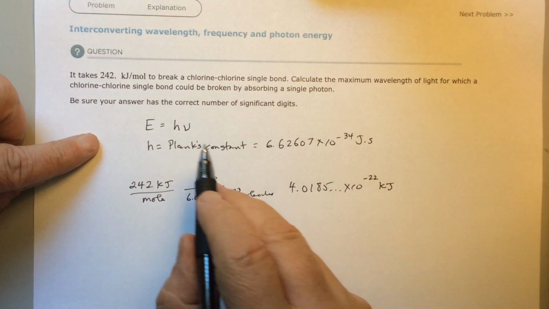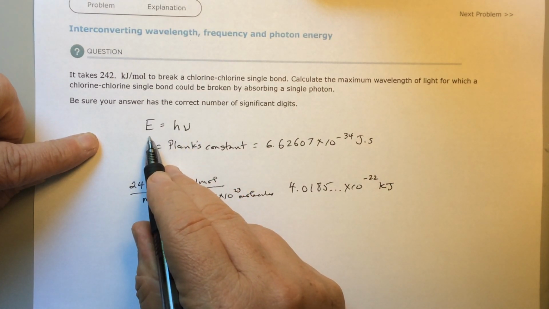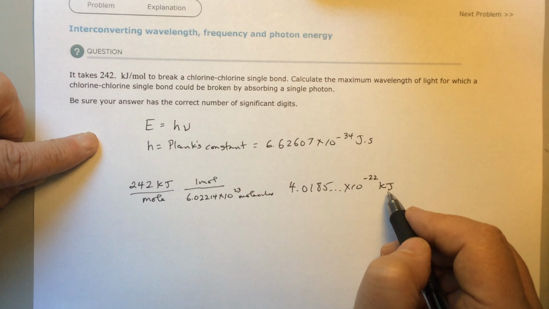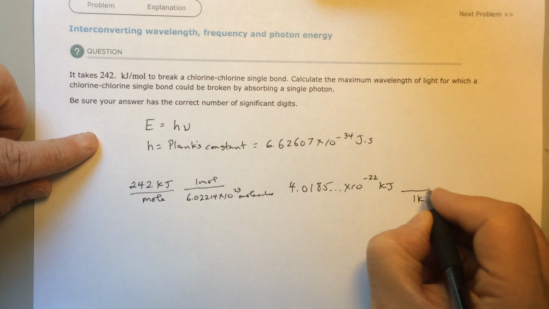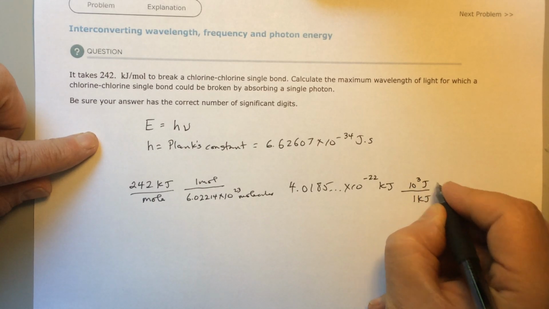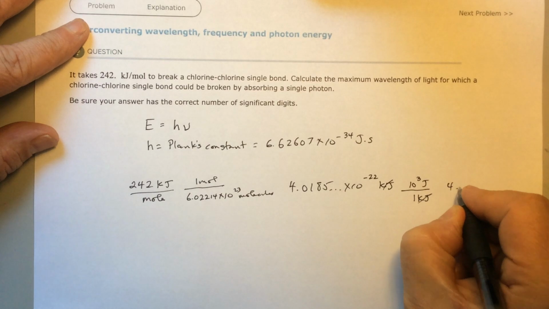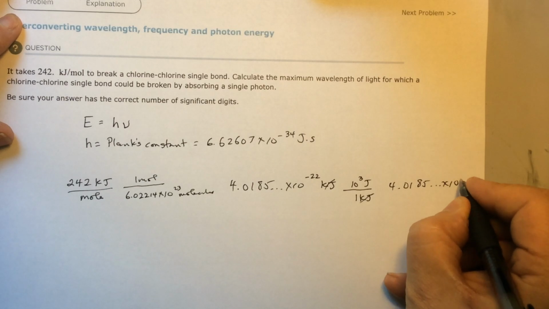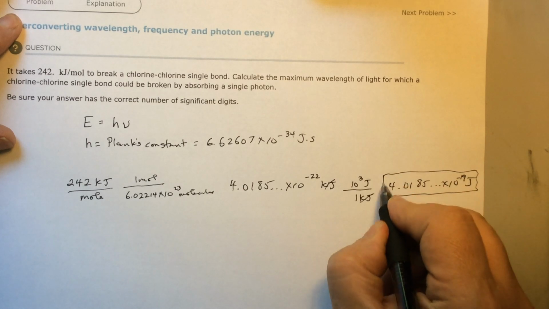Because I'm going to solve for frequency, I'm going to divide by Planck's constant, and Planck's constant is in joules, so I want this to be in joules too. In 1 kilojoule, there's 1,000 joules. Kilojoules will cancel. That means it's going to be 4.0185 dot dot dot times 10 to the negative 19 joules. So this is E.